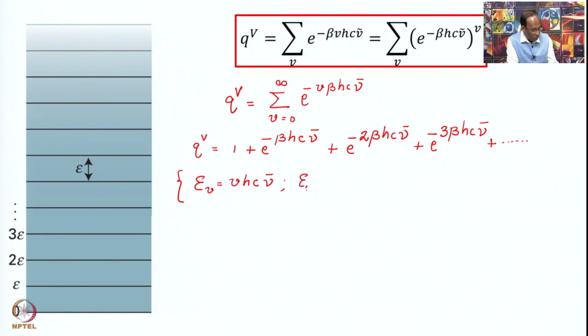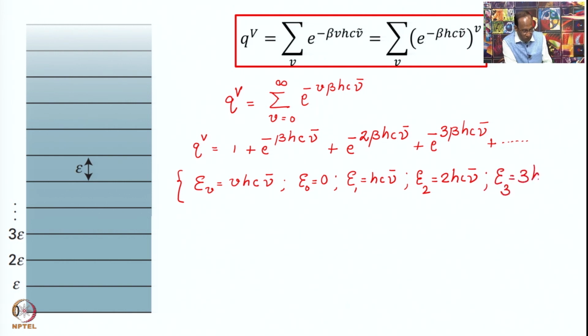So, that means E0 is equal to 0, E1 is equal to h c nu bar, E2 is equal to 2 h c nu bar, E3 is equal to 3 h c nu bar, etc. And the difference between each pair of successive levels is h c nu bar.